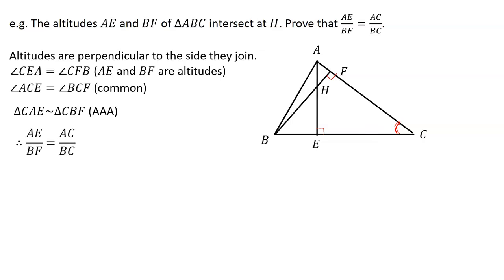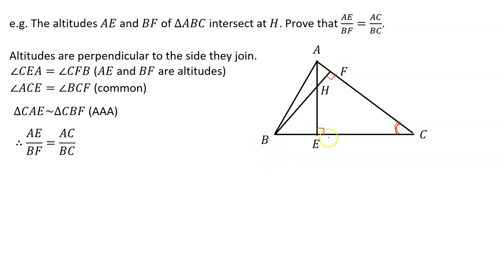From that, I can say that AE, remember that I want to list my vertices in the correct order. So C corresponds to C on these. A, the vertex that isn't a right angle, corresponds to B, the vertex that isn't a right angle.